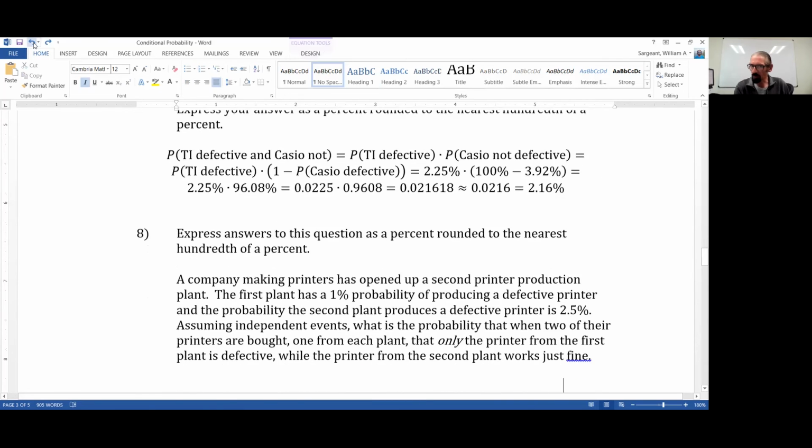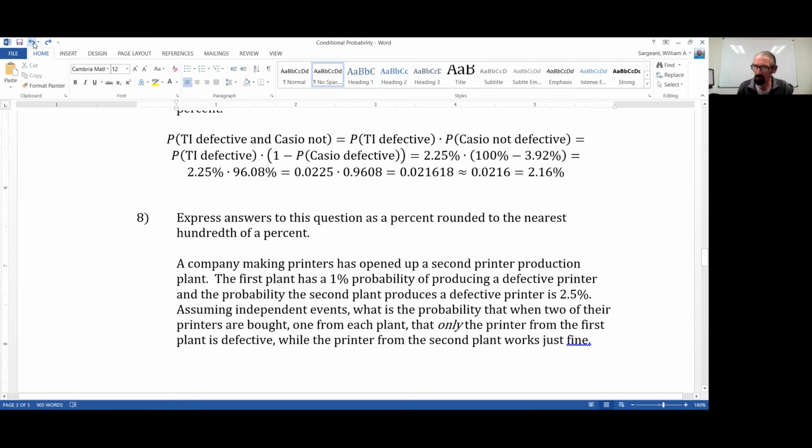And another thing about defectives, here making printers, two different plants. So what's the probability that only the one from the first plant is defective? It has a 1% chance.